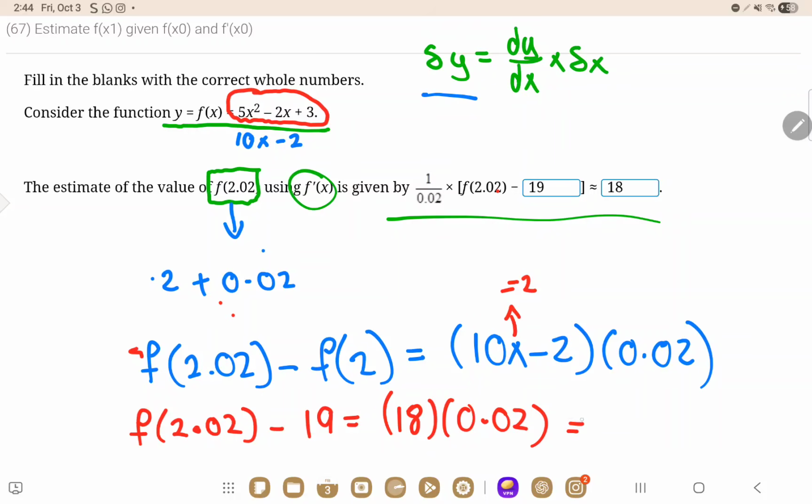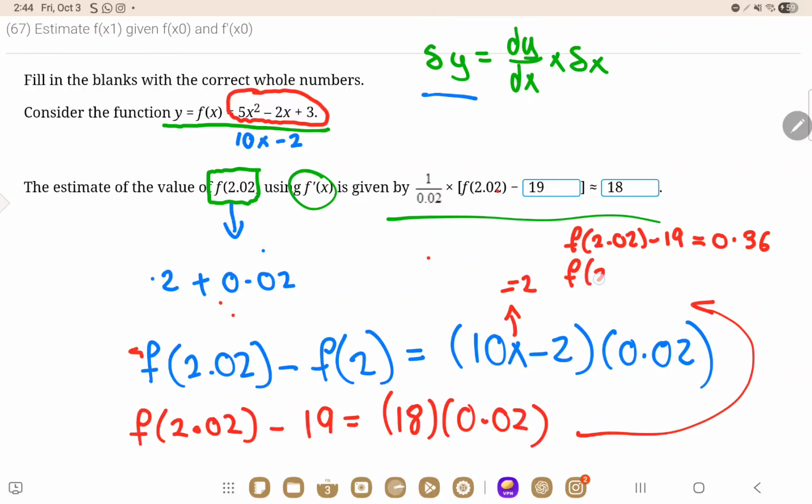So now we can rewrite this again. So f of 2.02 minus 19 equals 0.36, right? So f of 2.02 is basically equal to 19.36, because you moved 19 to the other side and added it. Oh yeah, and by the way, I've been using the sign wrong the entire time.